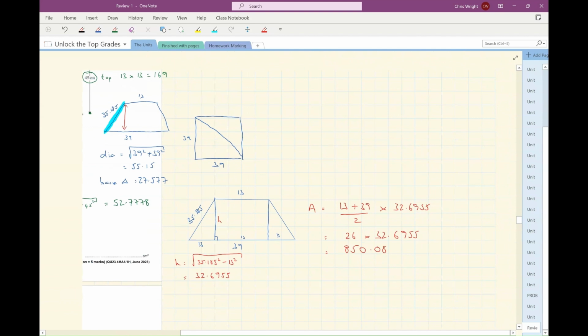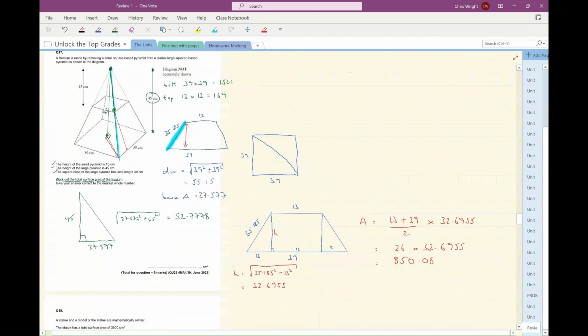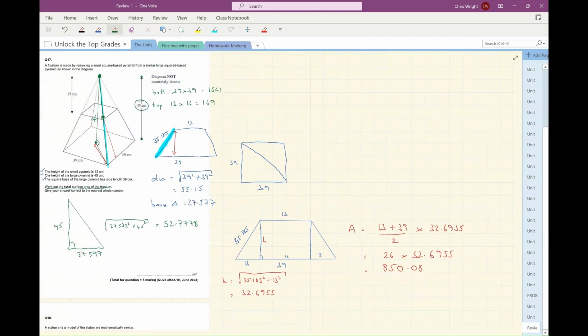850.08. So my whole surface area then is going to be the area of the bottom, 1521. The area of the top, 169. And 4 times 850.08.